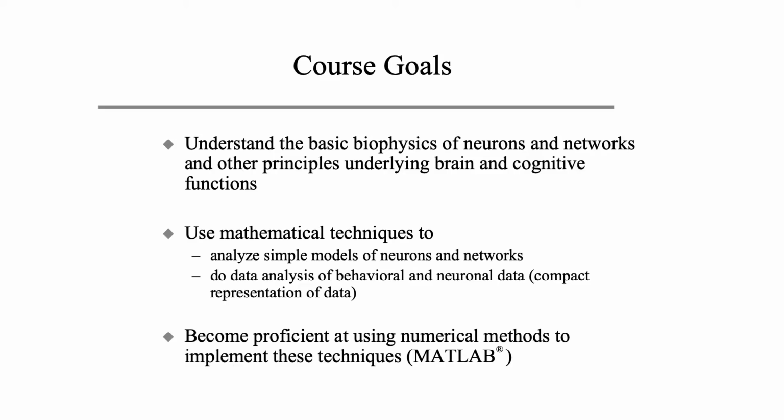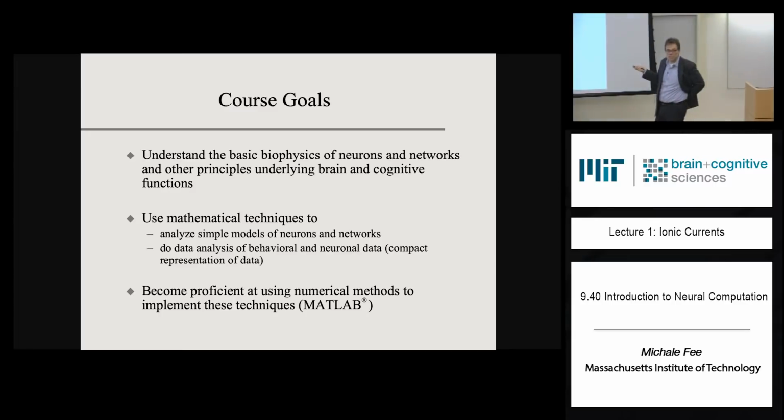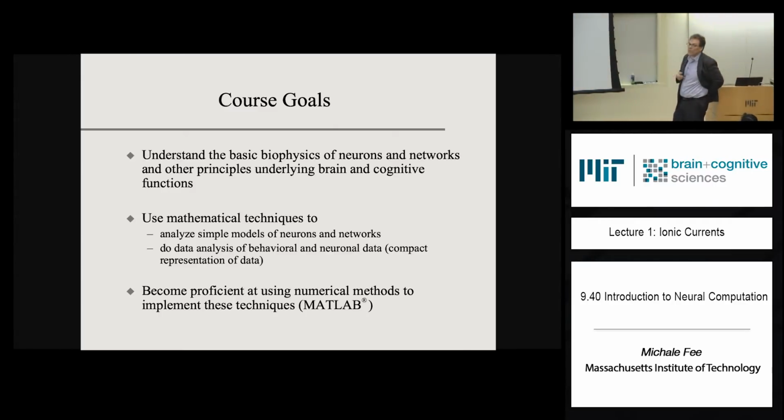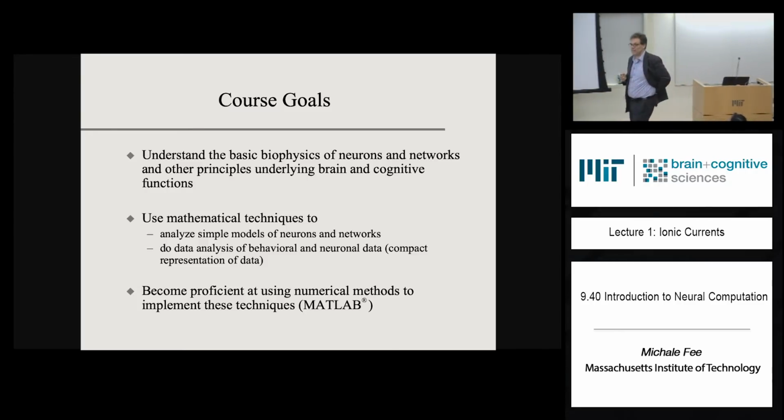Okay, so here are some of the course goals. We're going to start by working on basic biophysics of neurons and networks and other principles underlying brain and cognitive functions. We're going to develop mathematical techniques to analyze those models and to analyze the kinds of behavioral data and neural data that you would take to study those brain circuits. And along the way, we're going to become proficient at using MATLAB to do these things.